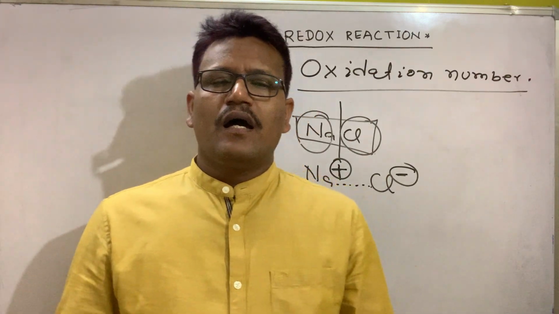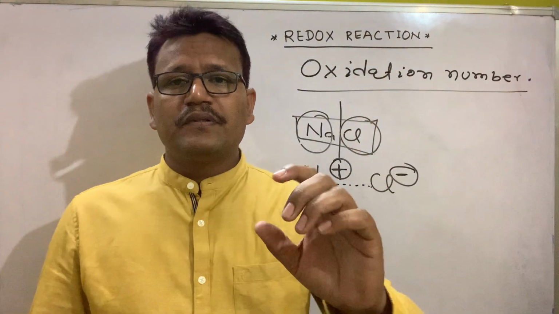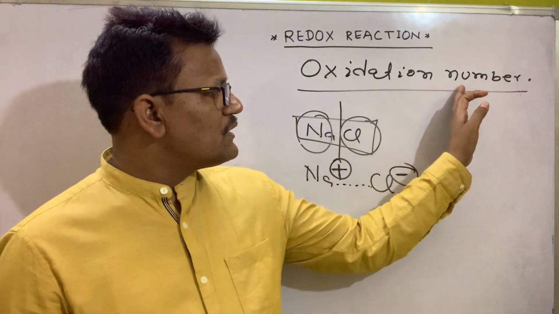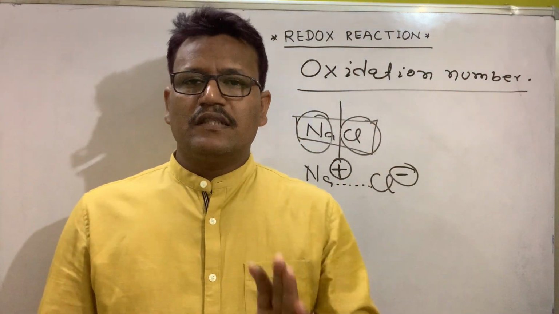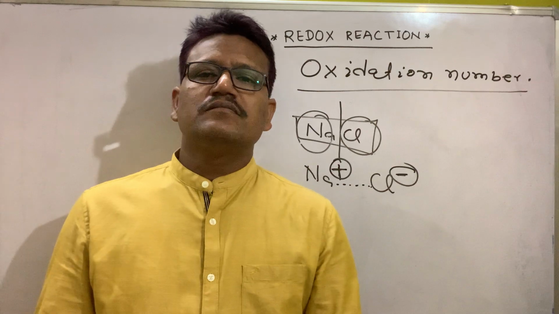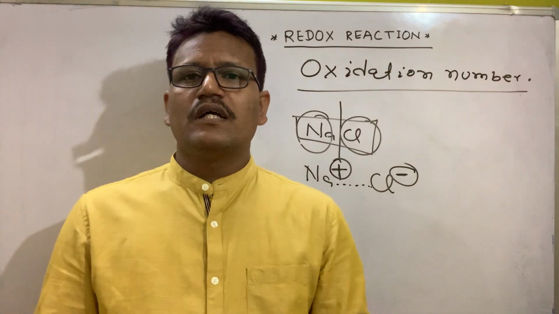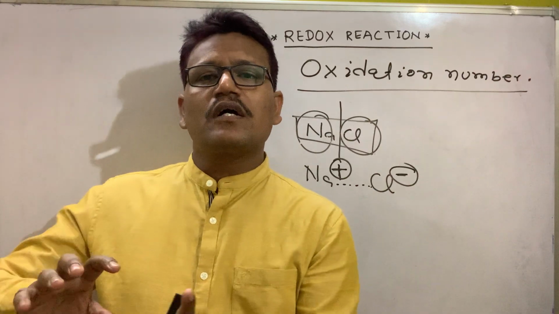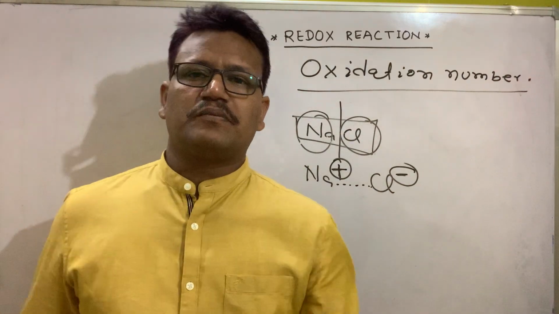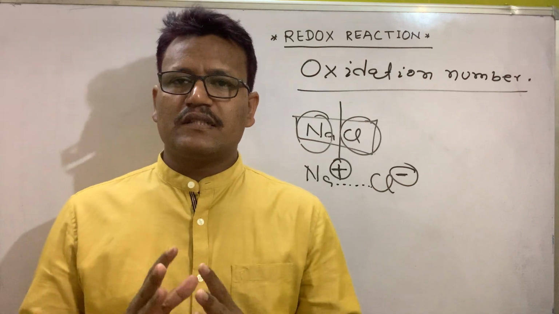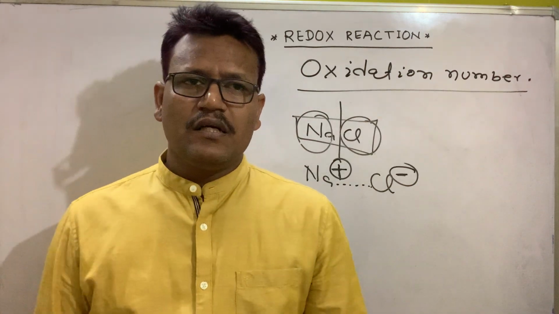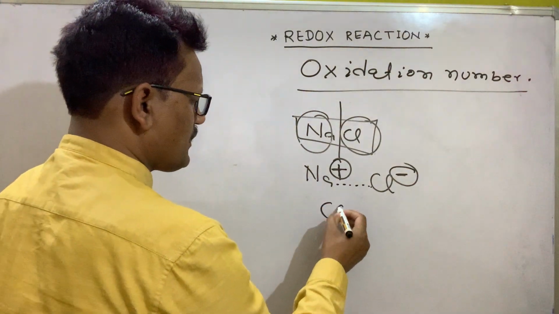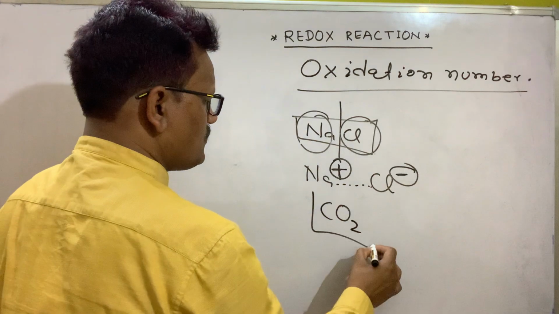So in the case of a covalent compound, oxidation number is defined as the charge that an atom would have in a molecule if electrons were completely transferred. So see here, this is CO2.